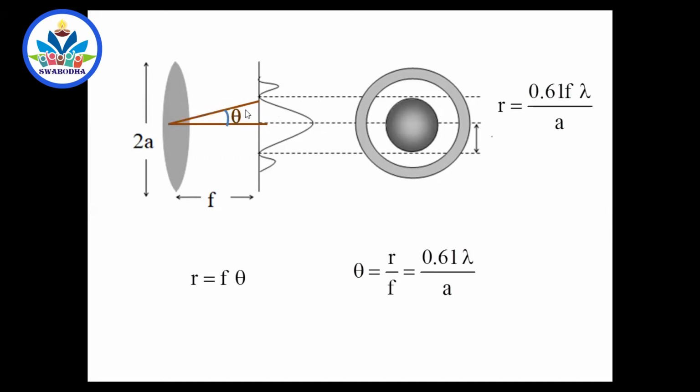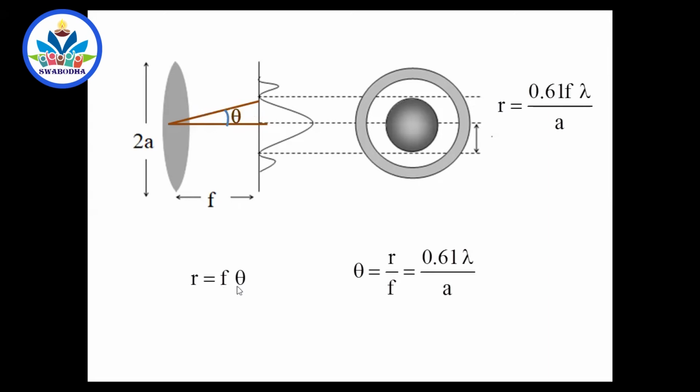So angular width is theta. Now, if I apply the same rule again, this one is the radius, say this is the arc length. Arc length is this radius. This length is the focal length. So r is equal to f theta.